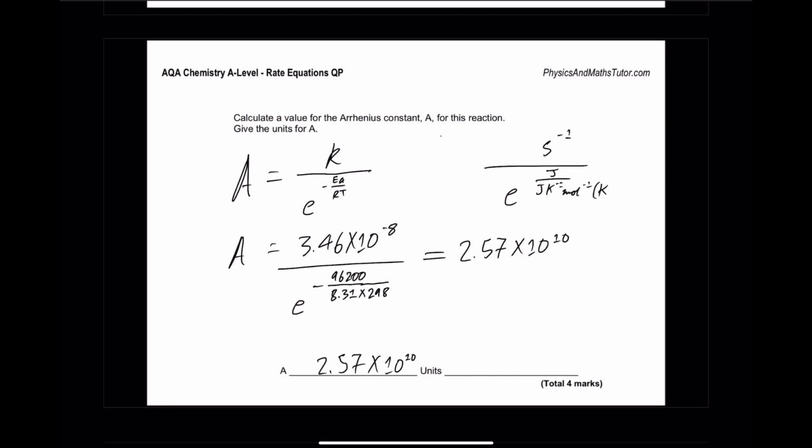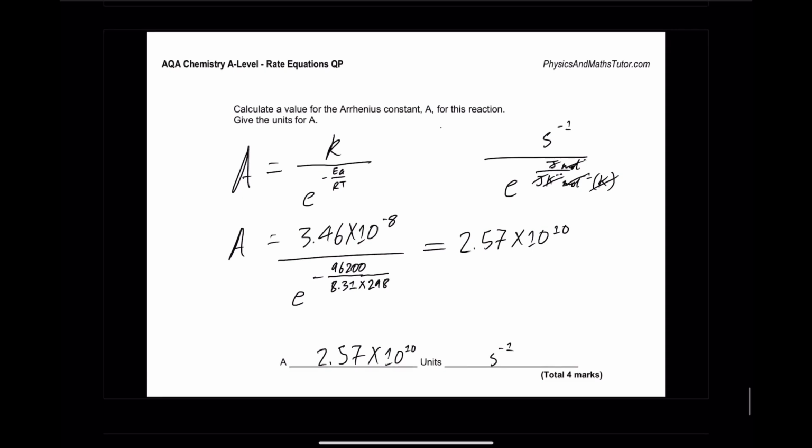So cancel out the Kelvin, cancel out the joules, the joules per mole. So the units is just seconds to the power minus 1. That's it. Stop there. Just about in time. You should be doing it much faster than barely on time.